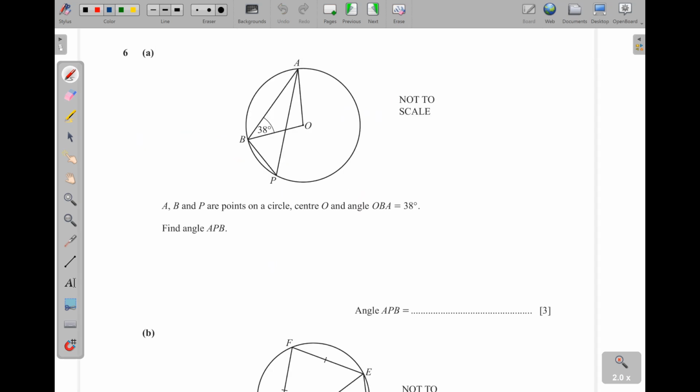Question 6 part A. A, B, and P are points on a circle, center O, and angle OBA is equal to 38. Find angle APB. APB, this angle here. Now we need to find the angle at the center here.